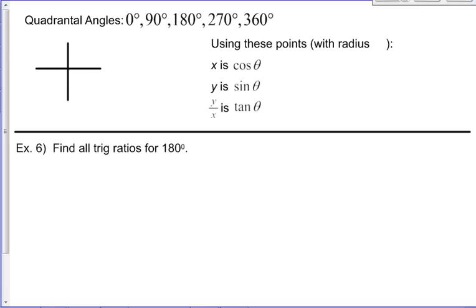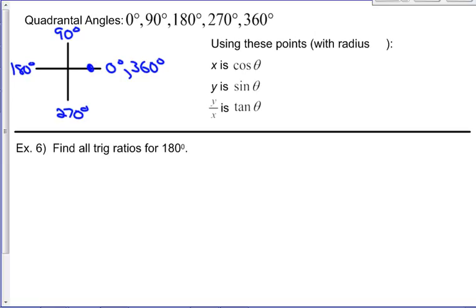Before we go and find some ratios for any angle in standard position, or any special angle in standard position, we want to look at these quadrantal angles. Those are the ones at 0 degrees, 90, 180, 270, or 360. To find what the ratios are, we could just make a point here.